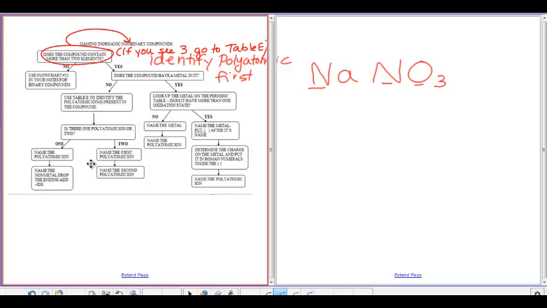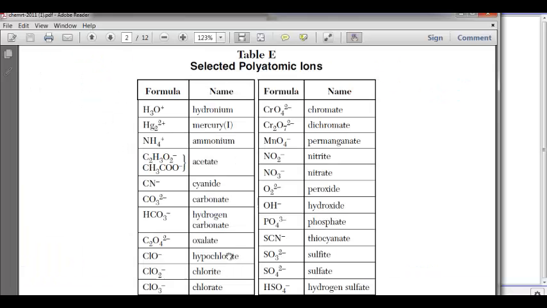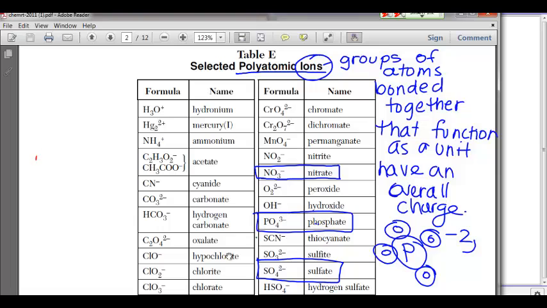So we will go here to table E and look for something in our compound that's also present in table E. Now I'll write it down. It was this. Here was our compound that we have to name.